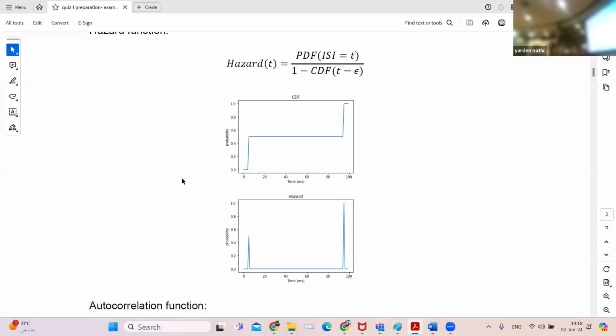And now when I do the PDF over the 1 minus the CDF, when I do it for the 5, I take the half here, and I divide it not by this half, but by the value before, okay? This is what this epsilon here means. It means that we take the value 1 before. So the value 1 before is 1. Therefore, this one equals half.